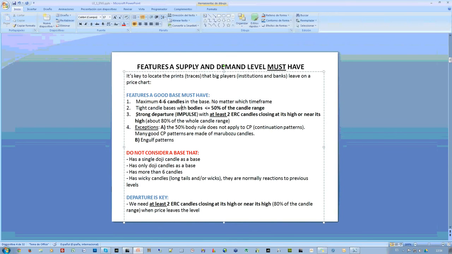We also want, on the second leg, the impulse, at least 2 ERC, extended range candles, closing at or near its high, which is about 80% of the whole candle range.